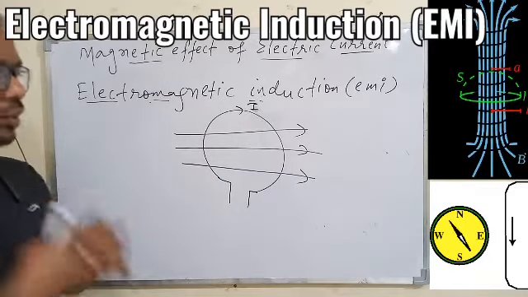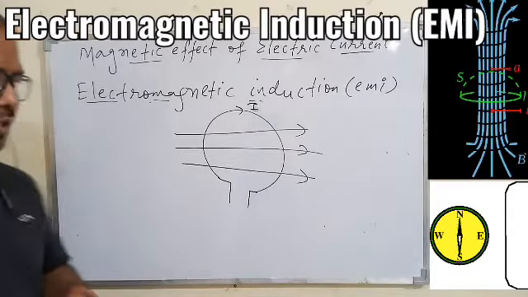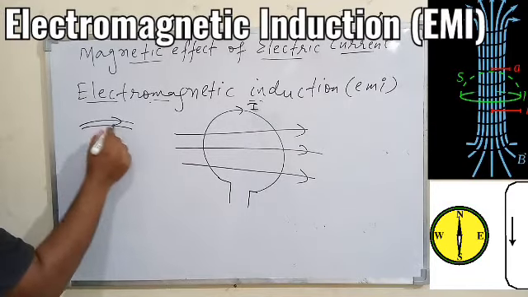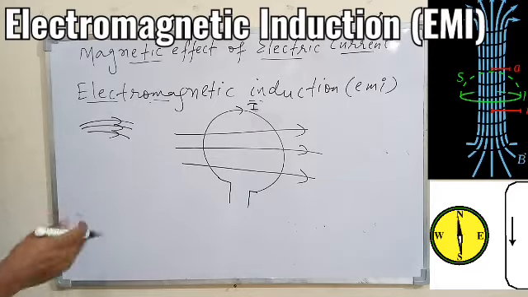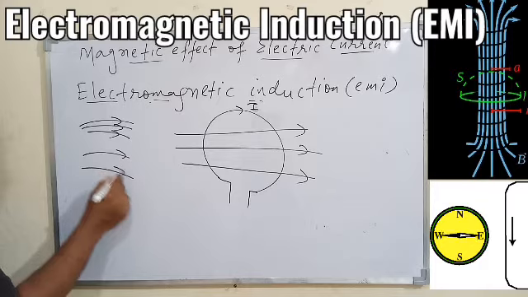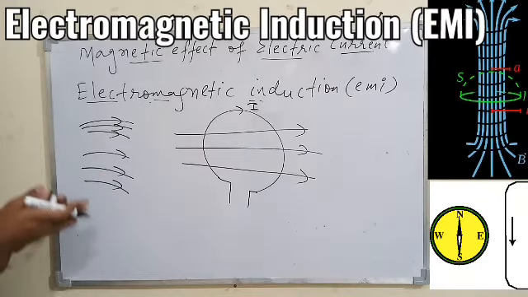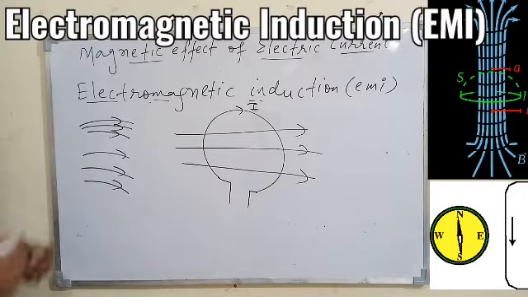In short, we know if the magnetic flux changes, we can say the magnetic field will also change. We understood? If the field lines are very close, we can say flux is high and magnetic field is also high. If the magnetic field lines are far away, the flux is low and magnetic field is also low.